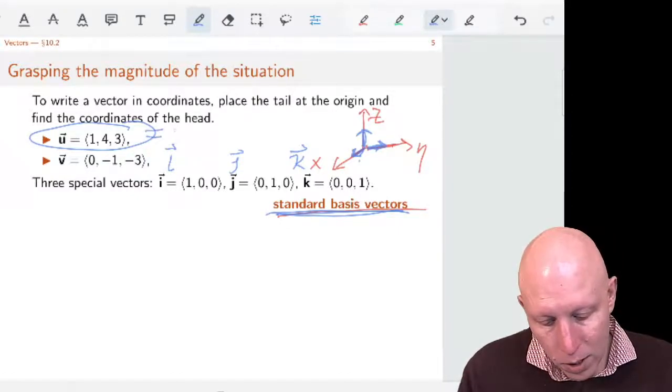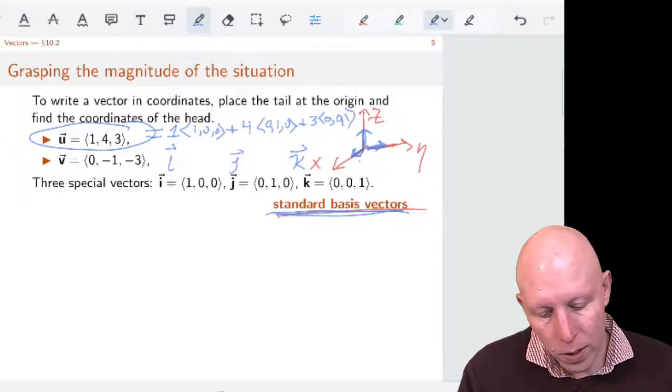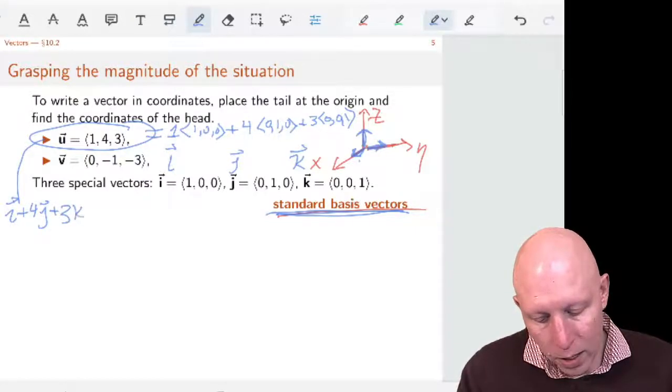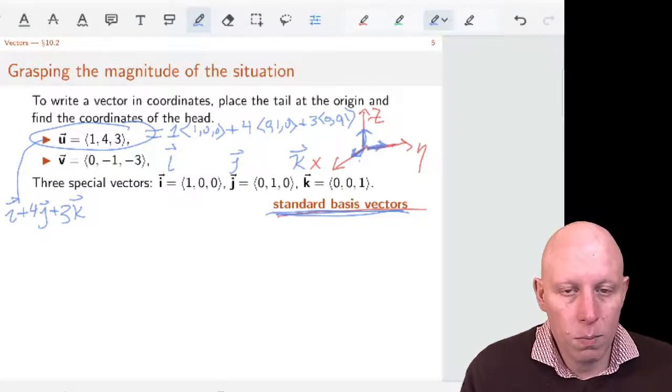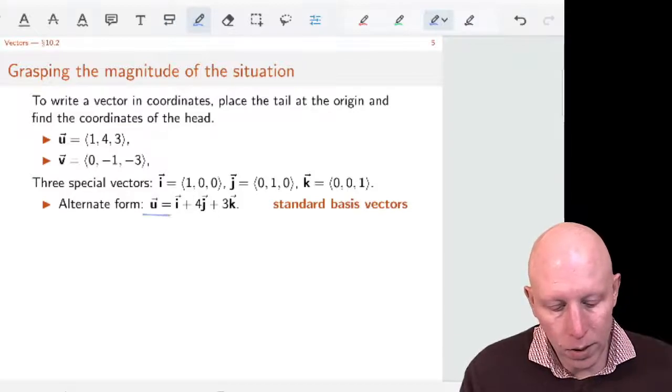So this is 1 times 1, 0, 0, plus 4 times 0, 1, 0, plus 3 times 0, 0, 1, which means we can rewrite this vector u as i plus 4j plus 3k, which is what we have here.